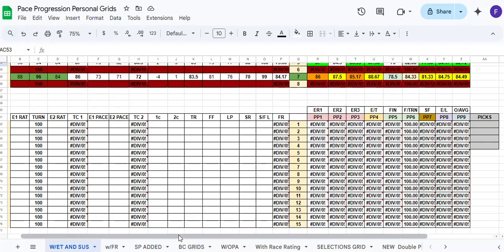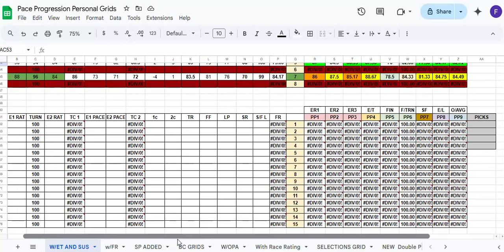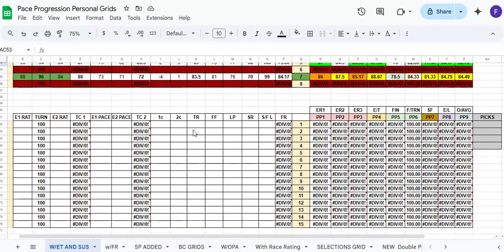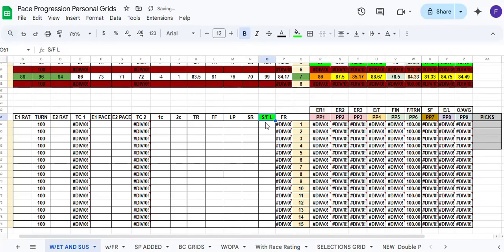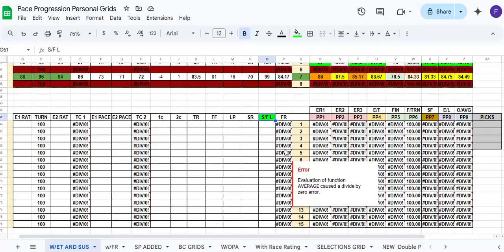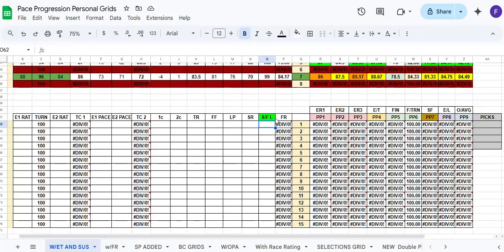Okay. Now here's what we're doing. I'm going to color the new columns. The new columns here are right here. SFL. And what that means is this is the last 2 calls, and I'm trying to think right now why I abbreviated SFL, and it'll come to me.